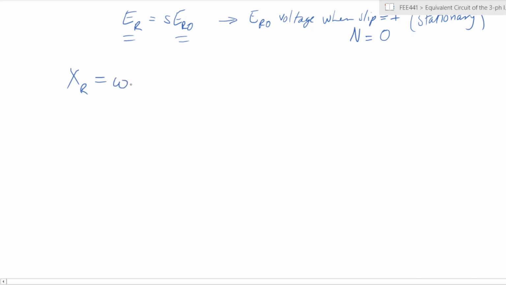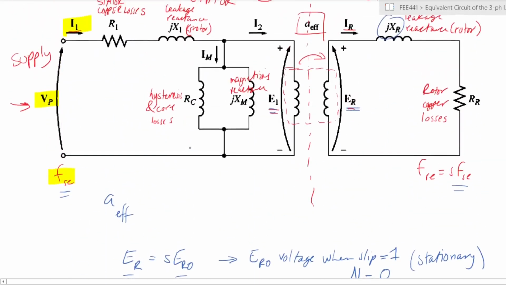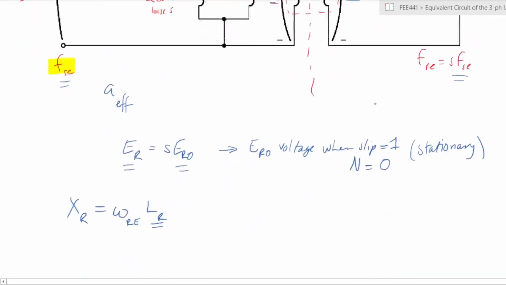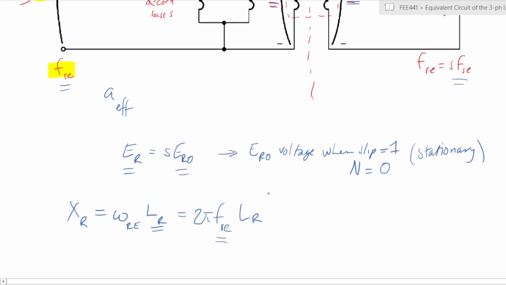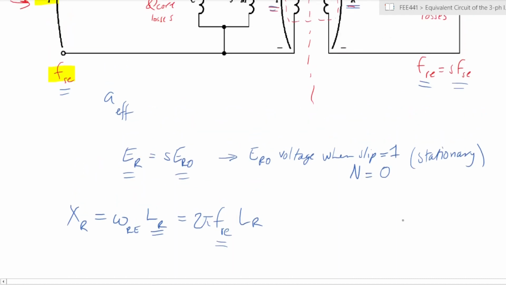We know it is given by omega R times L, which is the inductance of the rotor, the inductance of the rotor bars themselves. And this is equal to 2 pi FRE times LR.